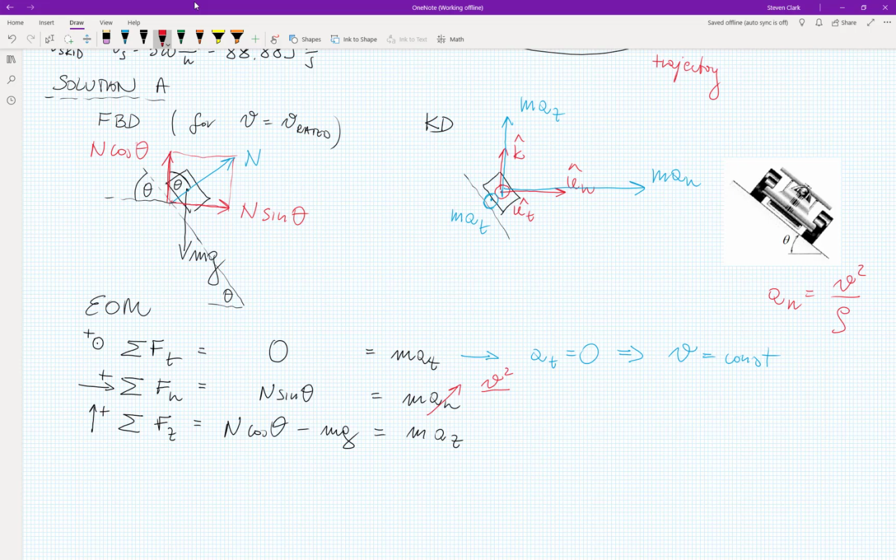We are solving that problem for v rated, so it will be v_R. Let's put here subscript R. And also we will divide it by rho, but our rho is constant. Our rho is equal to the radius of that track.